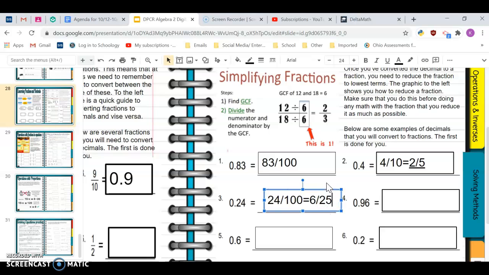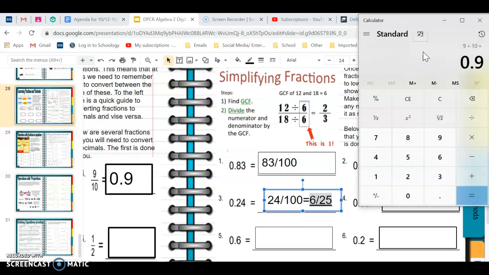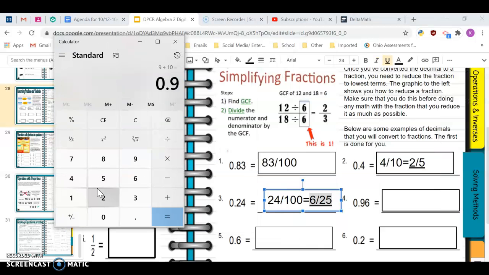Now, if you ever want to make sure that your answers before and after you simplify are equal, you can divide them both in a calculator. So I'm just going to double check with both of these. I know 4 divided by 10 gives me 0.4. If I take 2 and divide it by 5, I also get 0.4.